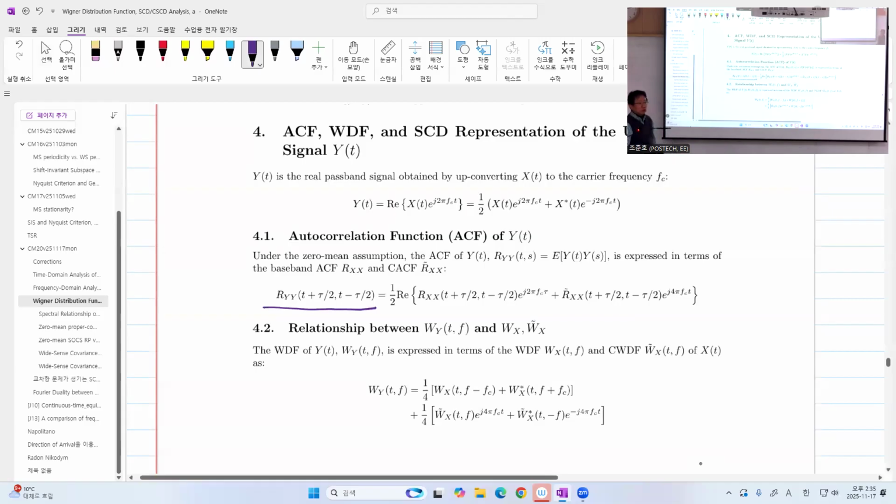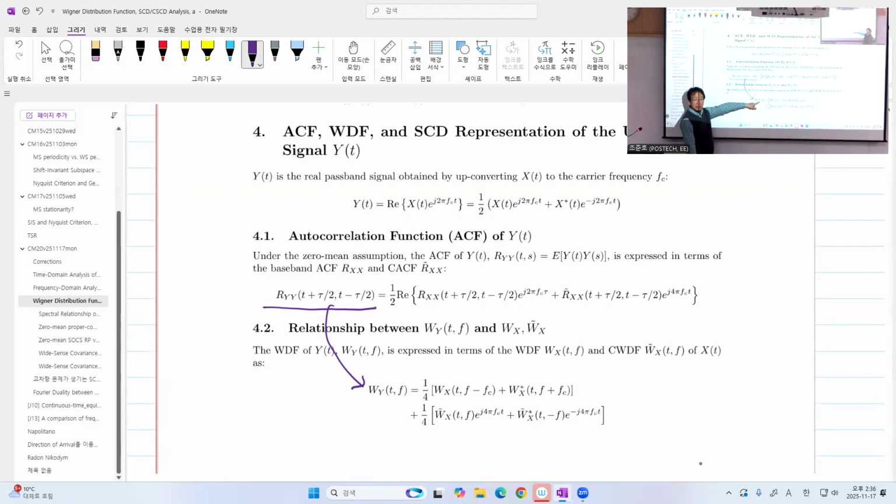So as you see here, as I just told you, t is replaced by t plus tau over 2 and s by t minus tau over 2. Then we Fourier transform with respect to tau to have what? Again, the real bandpass random process Y's Wigner distribution consists of the Wigner distribution of X and its conjugate and the complementary Wigner and its conjugate.